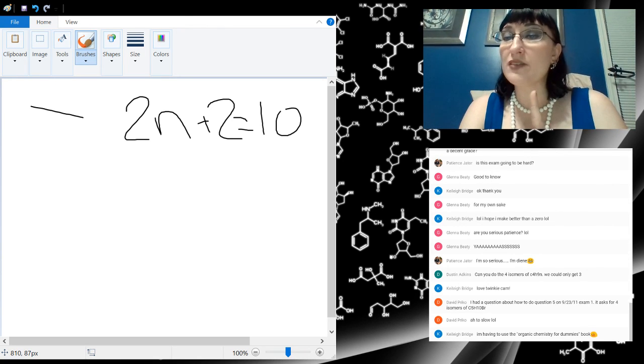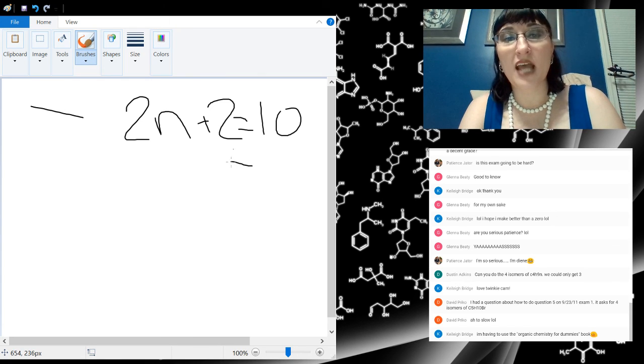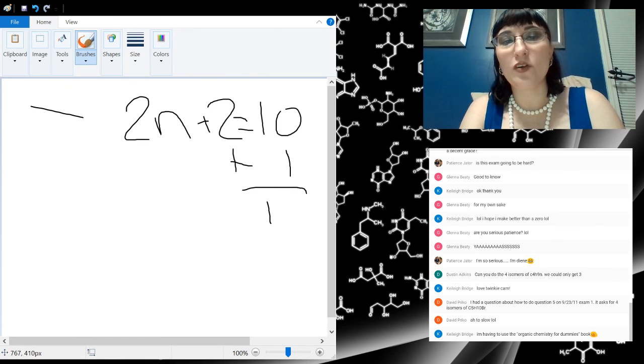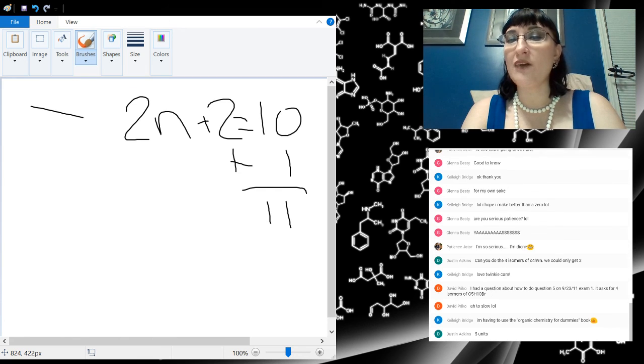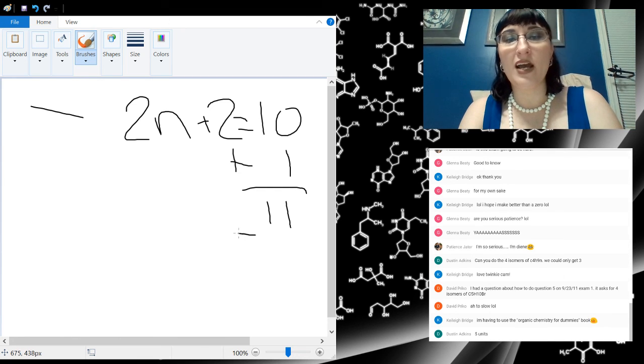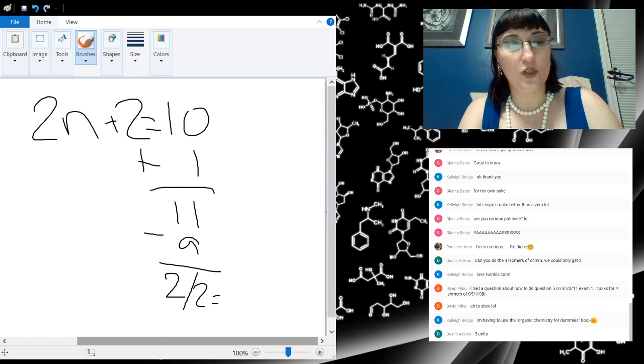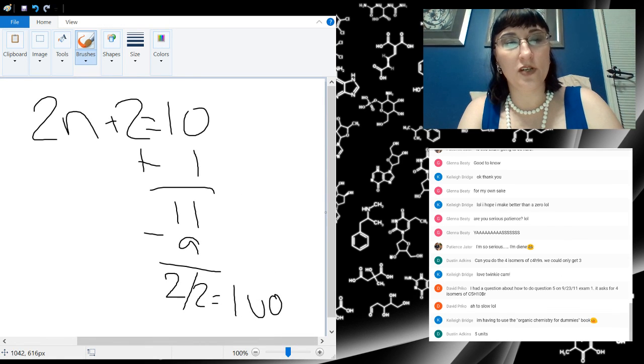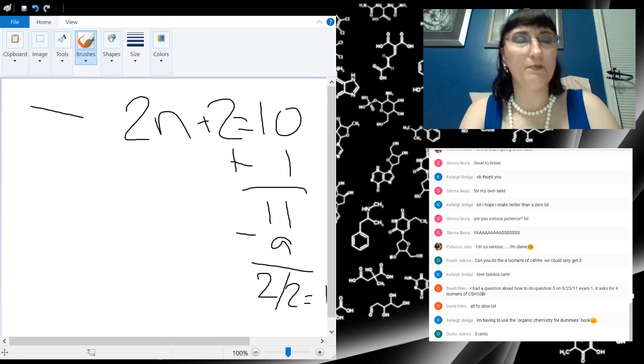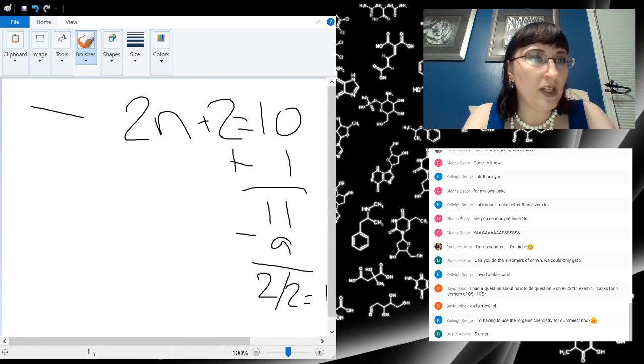We also have to factor in a nitrogen, which means we have to add 1. So for a saturated molecule, we would have 11. We actually only have 9, which means we're missing 2 hydrogens, which means we have 1 unit of unsaturation.